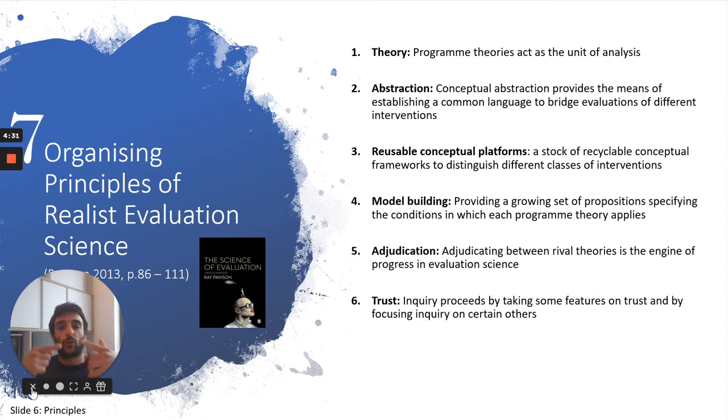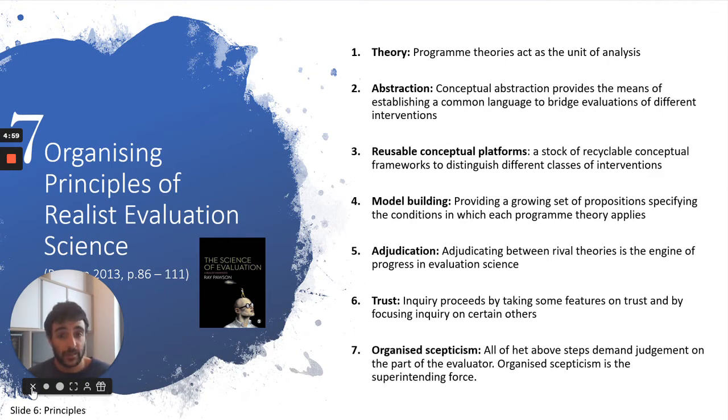We don't have to do a full research on our own, or find a full-grown theory. We can try to focus on one part, and then subsequent evaluators and researchers can focus on other parts, and together we can create a comprehensive theory. And so that's all in relation to the wheel of evaluation science in this case, that has been put forward by Ray Pawson in his book.